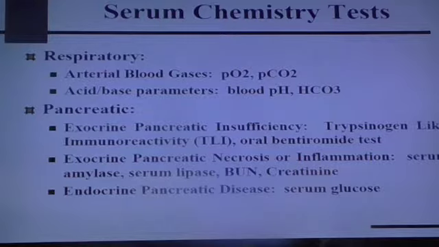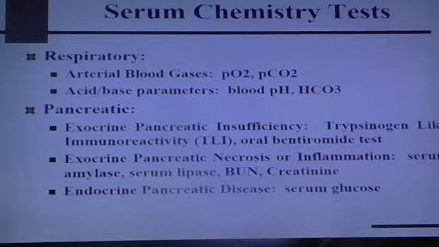What's the source of trypsinogen? The exocrine pancreas. Now, a small amount leaks into the blood. Well, if the pancreas is not working, what's that going to do to the amount that's in the blood? You'd expect it to decrease. So this is one of the clinical chemistries where low values mean something. Now, this is not a routine clinical chemistry test, but this is our second tier test to evaluate.